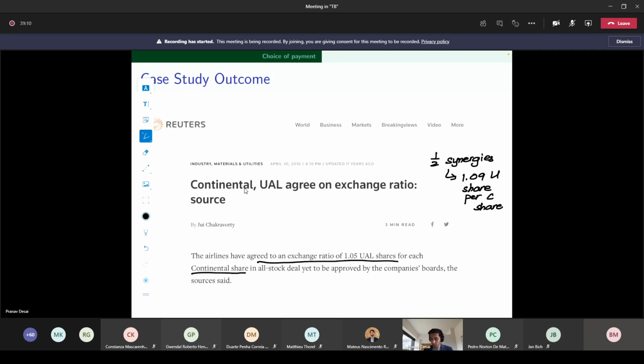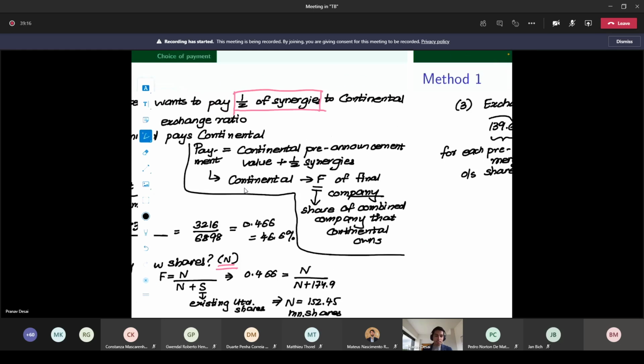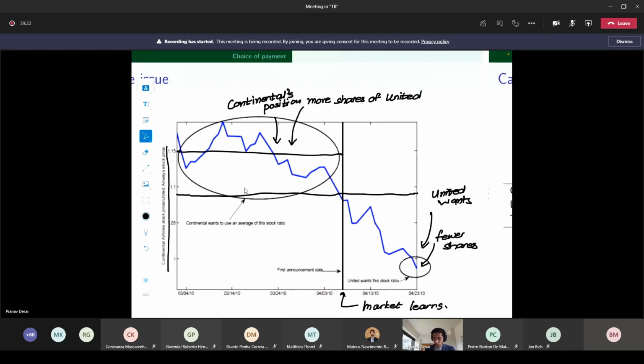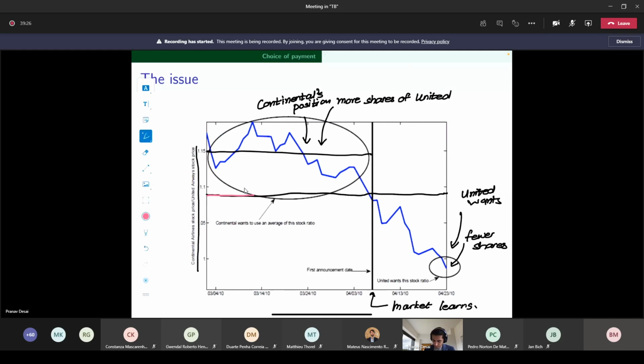So essentially, Continental ended up with a slightly worse deal. Is that really a slightly worse deal if they had equal bargaining power and ability to bargain as well? What we had calculated was this value, in case there was half of synergies. What we ended up with was something like 1.05, which is slightly lower. This is what actually happened.